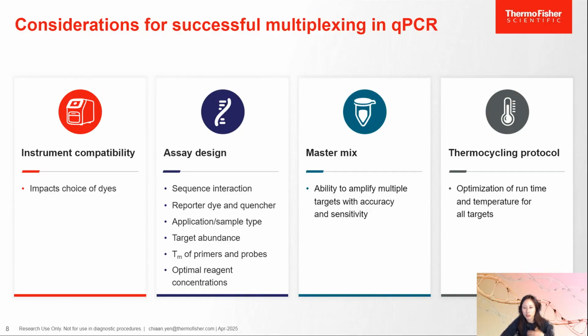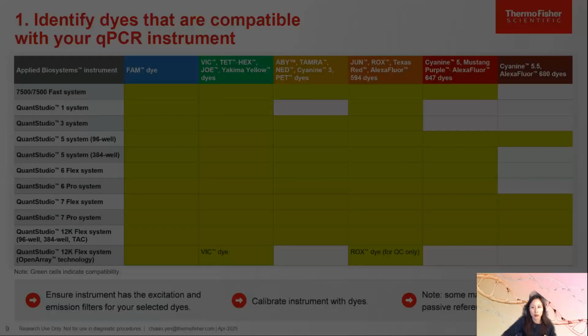So I will go into more details in each area, but here are some general points about it, right? And we can see that with assay design, there is a lot that you can play around with when you're developing your qPCR multiplex workflow.